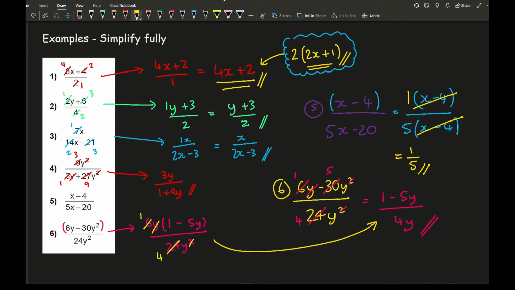Now if you didn't quite understand that second method, do not worry. As long as the first one made sense, or at least one of them made sense, then we're looking good.